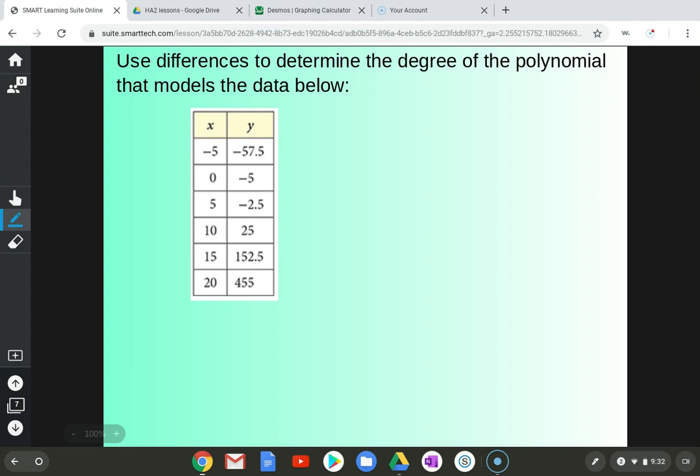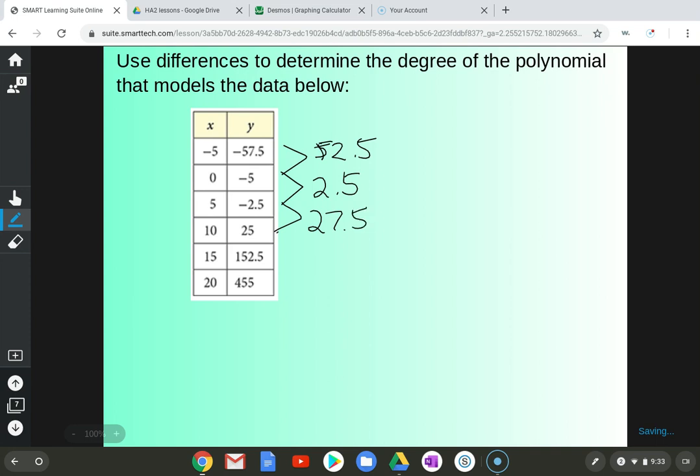Let's try another one. All right, so negative 5 minus negative 57.5 is actually 52.5. Negative 2.5 minus negative 5 is actually positive 2.5. 25 minus negative 2.5 is 27.5.